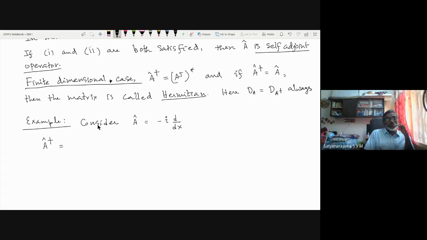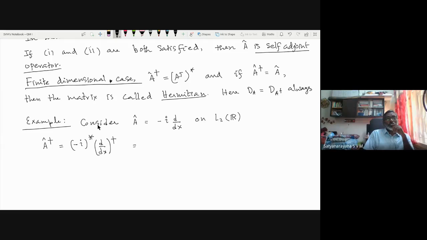As we have seen from our previous analysis, considering the operator on the space L2 of R, A dagger will be equal to minus i, which for a complex number becomes the complex conjugate, times d by dx dagger.